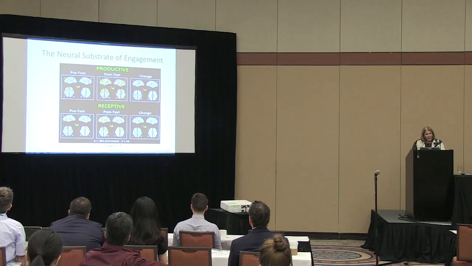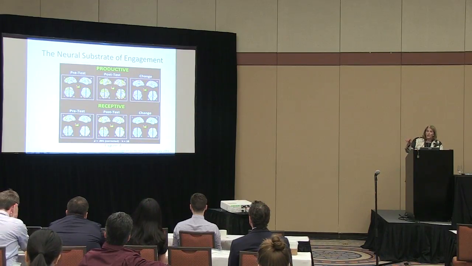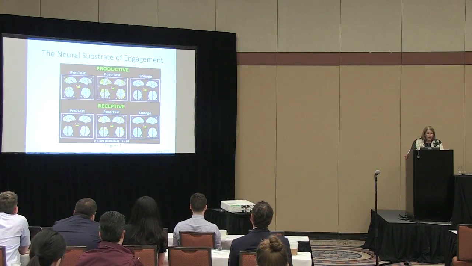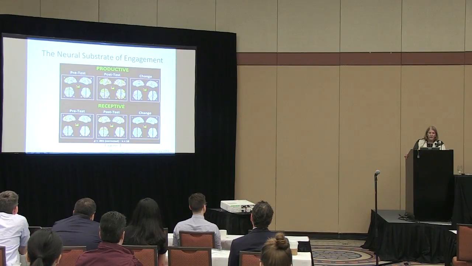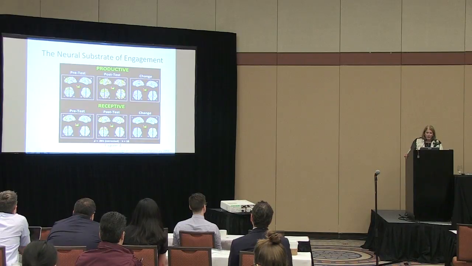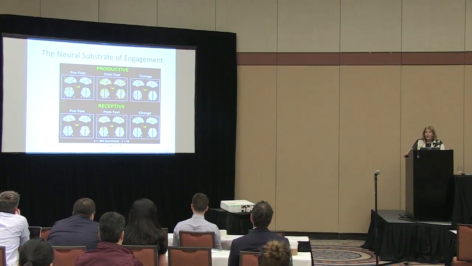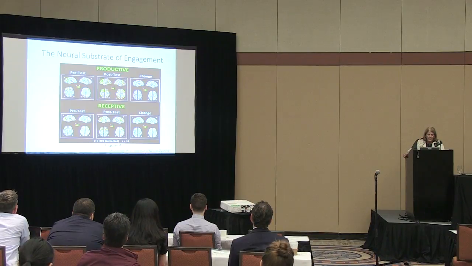At post-test, this is the performance and their ability to modulate easy to hard. It looks like there's some differences here. And when you subtract pre-test minus post-test, you can see that the productive engagement subjects showed a ramping up of activity in regions that indeed are associated with memory and attention, providing some evidence for a neural substrate.